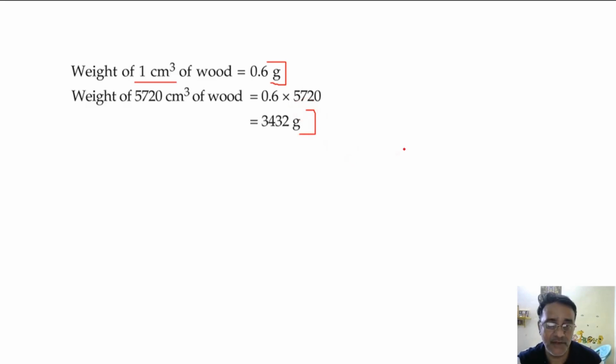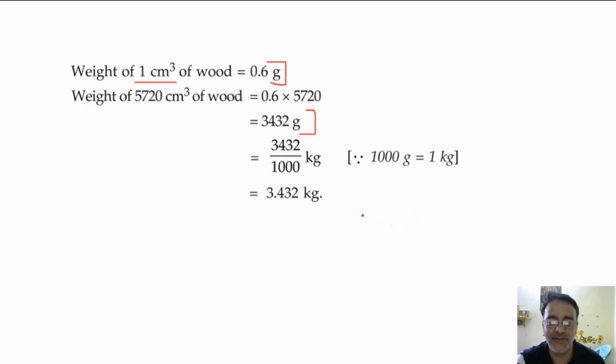If you want to convert it into kilogram, what do you have to do? Divide by 1000. So the final answer is 3.432 kilogram. Any doubt in this question? So this is the last question of today's session.